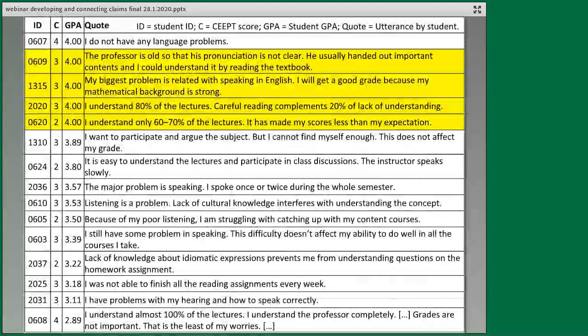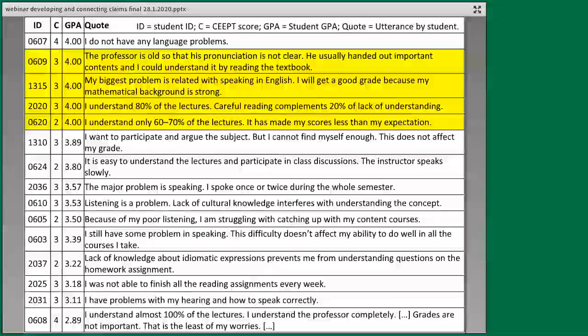So here are these data, and we should actually only focus on those in yellow. What we see here is these students had a less than perfect command of the English language. They still had the highest possible GPA, which was 4.